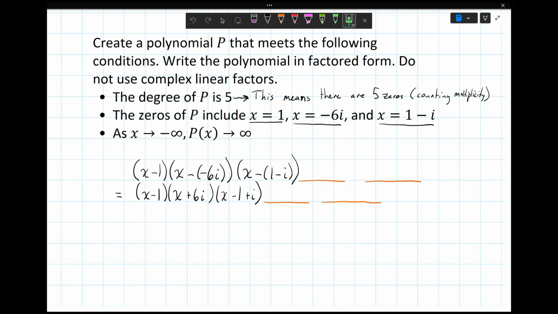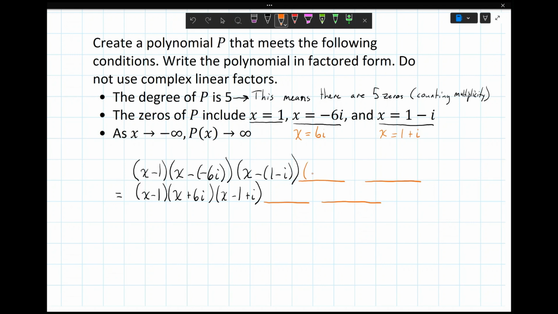And how do we do that? With conjugate pairs. In other words, we know that if x equals negative 6i is a zero, and we don't want non-real linear factors, x equals positive 6i must be a zero. Similarly, if x minus 1 minus i is a zero, we must have 1 plus i.